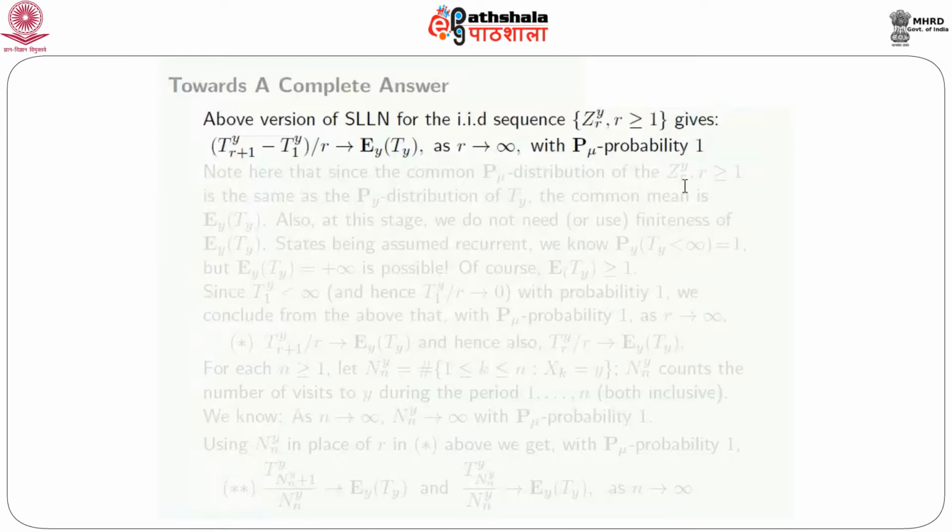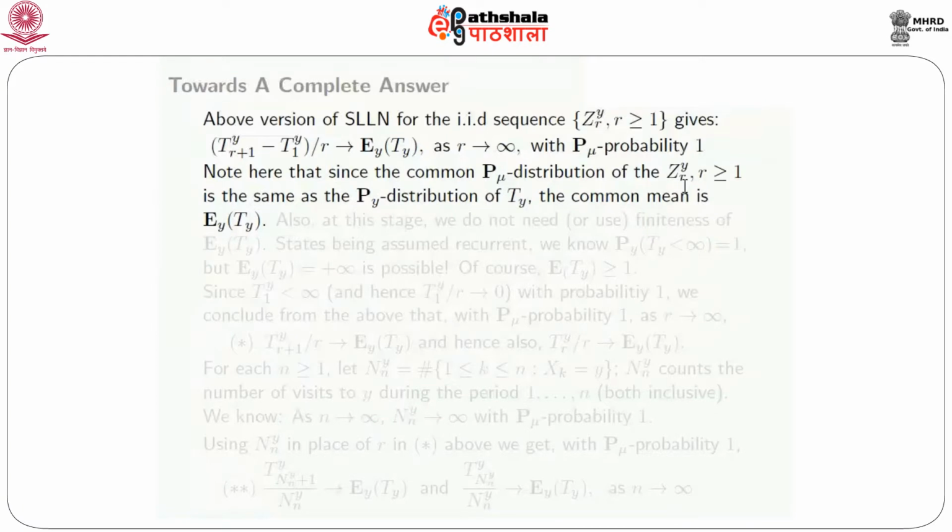So that sum divided by r goes to ey of ty, which is the common expectation of the zry's. Remember, each zry for r greater than or equal to 1 under p mu has common distribution which is the same as the py distribution of ty. So the common expectation would be ey ty. So this is the strong law of large numbers applied to the sequence z1y, z2y. And what the strong law of large numbers says is that the limit holds with p mu probability 1, whatever be mu.